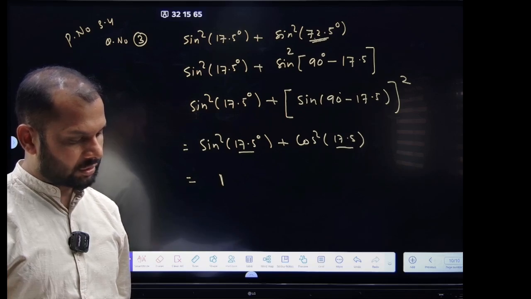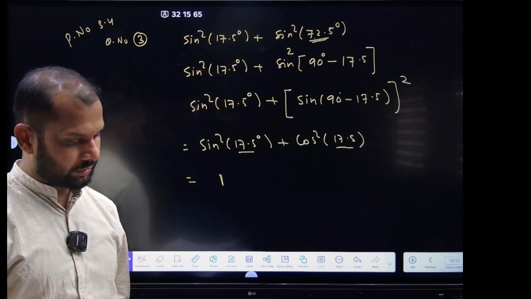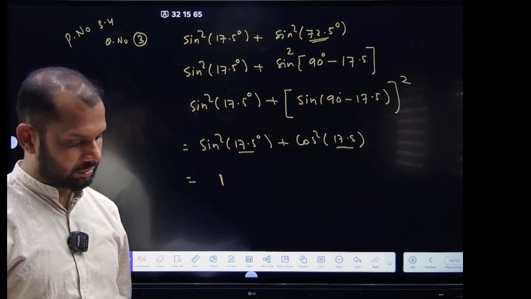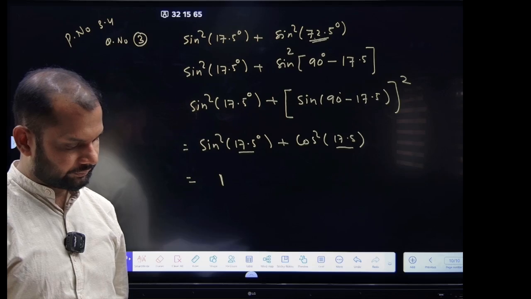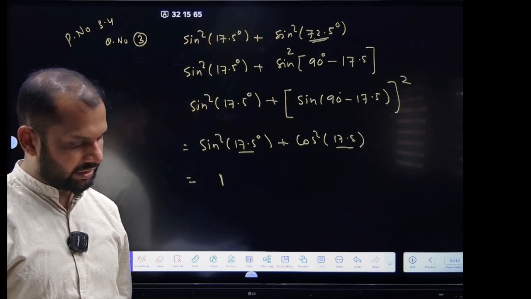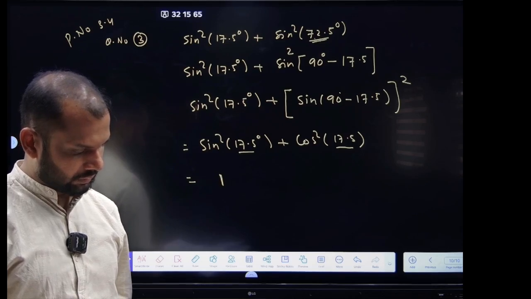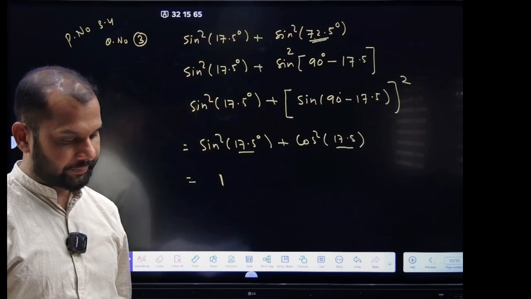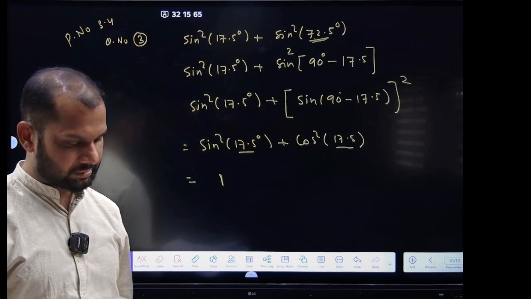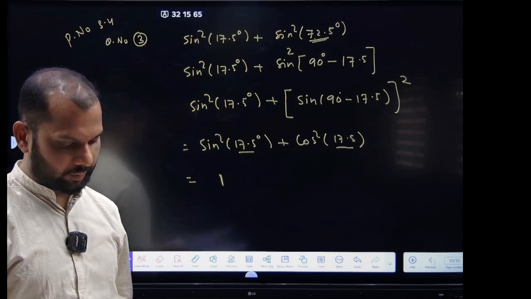After that you can solve 17 also, 18, 19, 21, 22, then 25, 26. All these questions we will solve one by one.